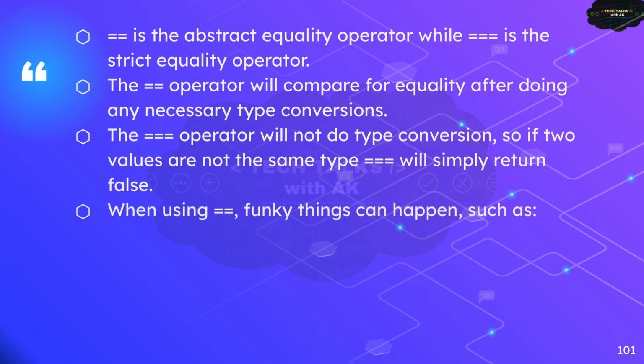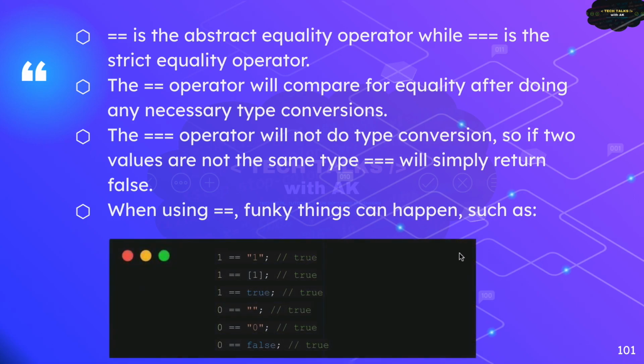When we use double equal or abstract equal, funky things can happen, such as if we say 1 of int equal to 1 of string, it returns true. If we say 1 of int equal to first element of array, it returns true because it does type conversion and takes 1 equal to 1, same as 1 equal to 1. 1 equal to true returns true because the logical value of true is 1.